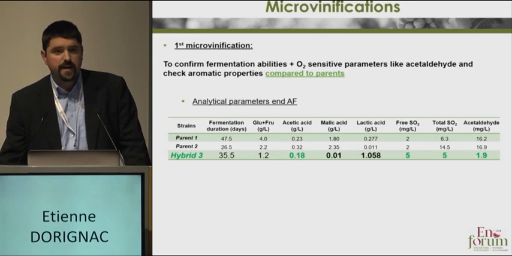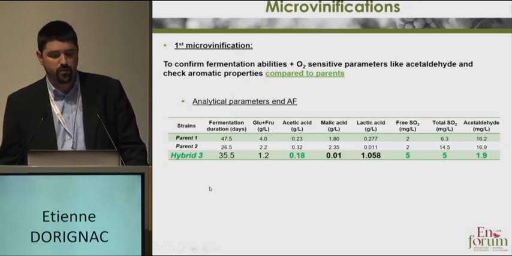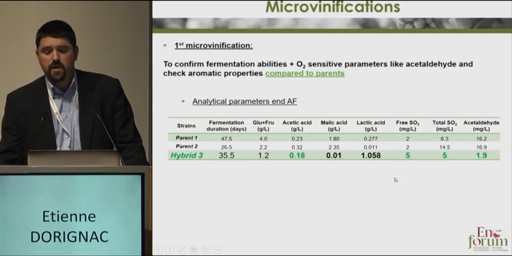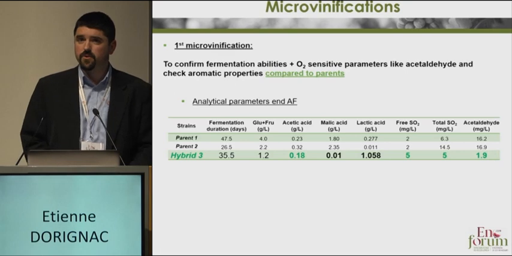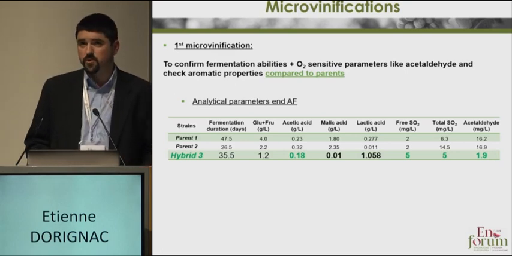The analytical parameters at the end of the alcoholic fermentation were really interesting. Hybrid 3, compared to both parents, confirmed very low acetic acid production. Very low as well for SO2 and acetaldehyde. If you see, there is no combined SO2.